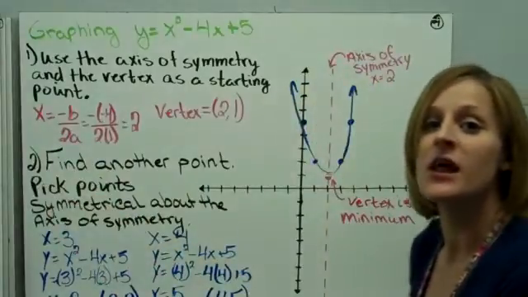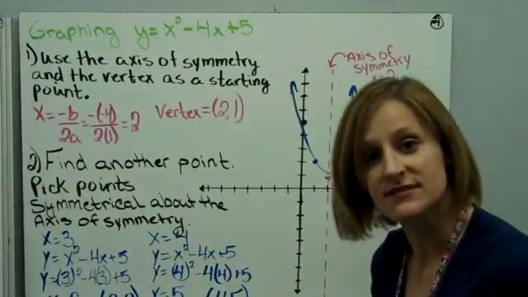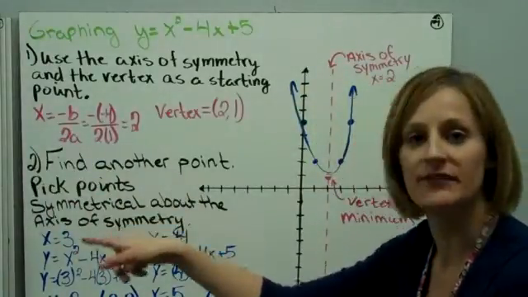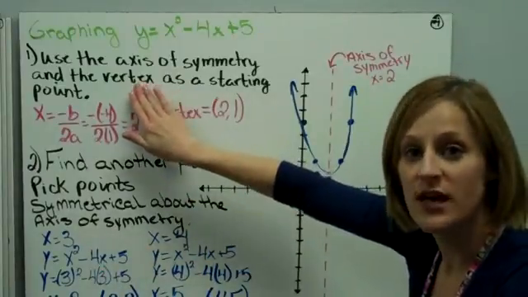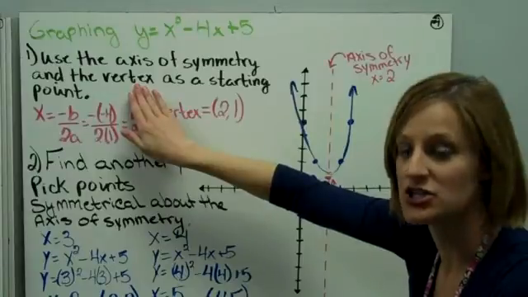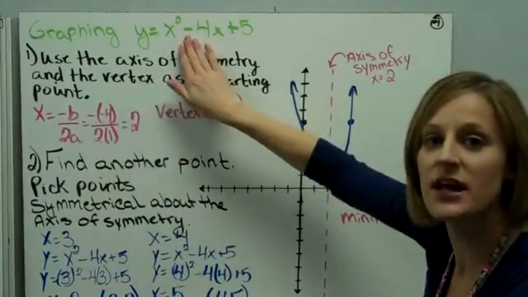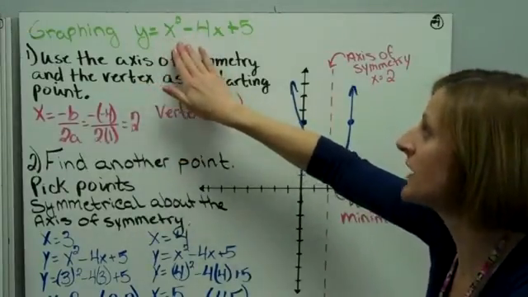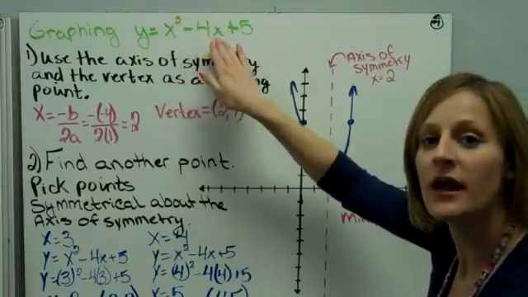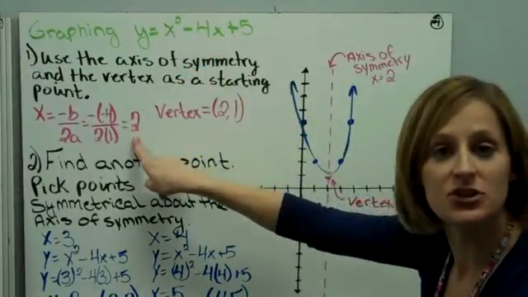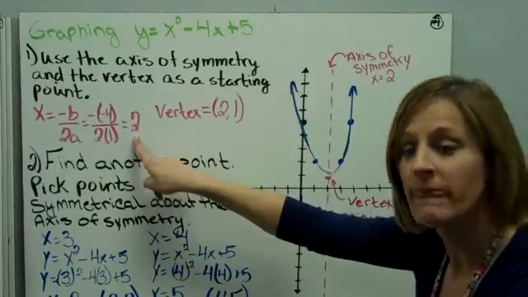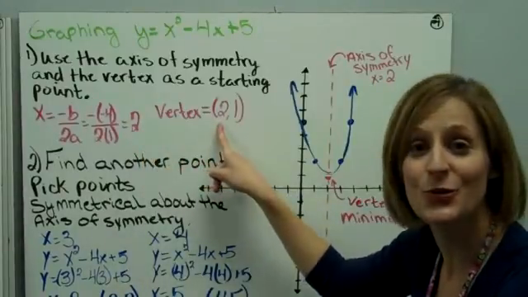When graphing, you need to first find your axis of symmetry, which we did in the previous slide. We use that along with our vertex to start graphing our function. So this is the same equation as previous, y equals x squared minus 4x plus 5. I got my axis of symmetry as x equals 2, and my vertex as 2, 1.